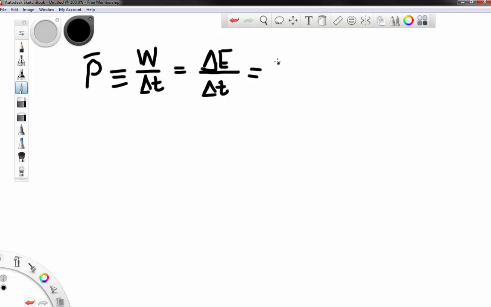So what we had here was a 1.2 joule per pulse laser times 10 pulses per second.